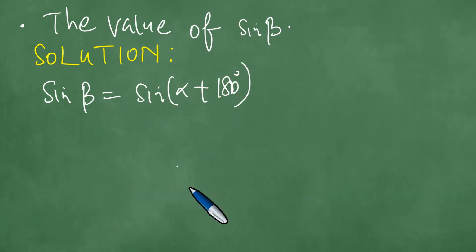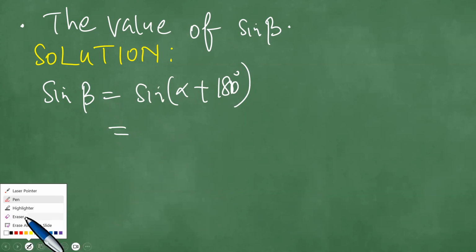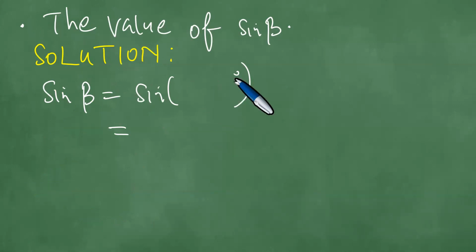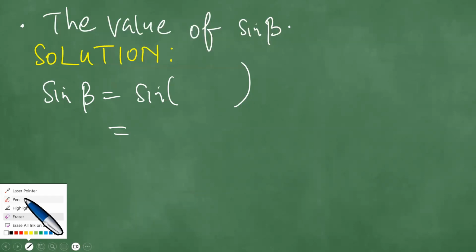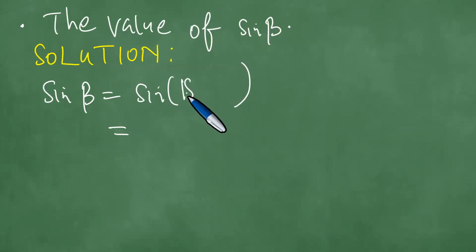In which quadrant is alpha plus 180? You can say 180 plus alpha, same thing, but it's more popular to write 180 degrees plus alpha. In which quadrant is 180 degrees plus alpha? It is the third quadrant, and the sign is negative.